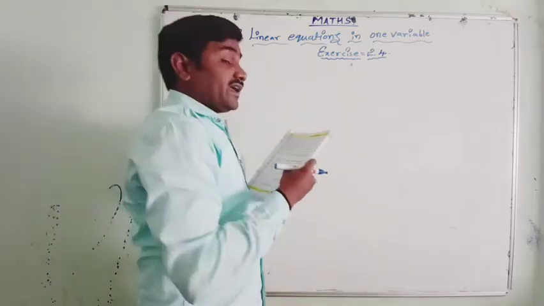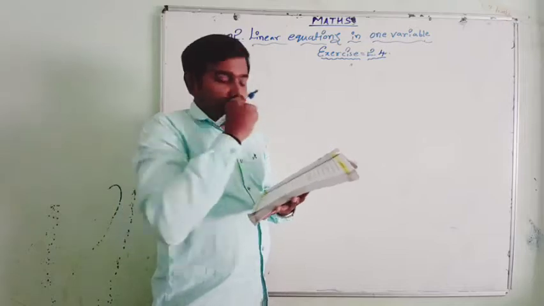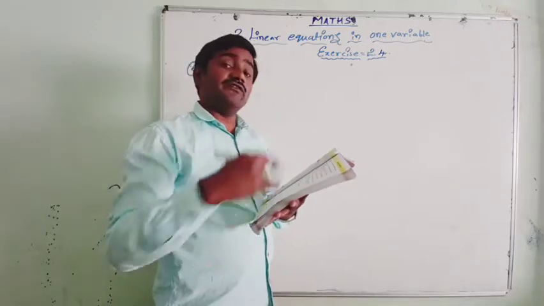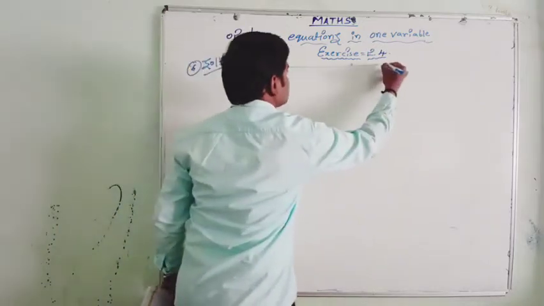Mary is twice as old as her sister, in 5 years' time. So see, here I'll make one box to help understand.